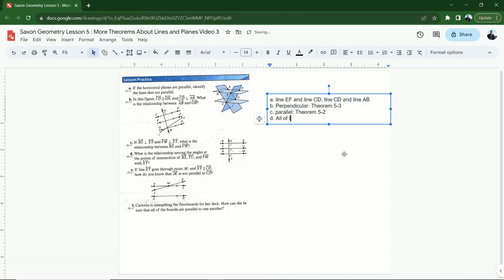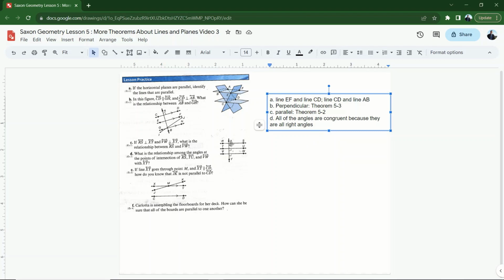So all of the angles are congruent because they are all right angles. And we know that from another theorem: all of the angles have to be congruent because the adjacent angles have to be congruent. Remember, theorem 5.4 said that if two lines are perpendicular, they form congruent adjacent angles.